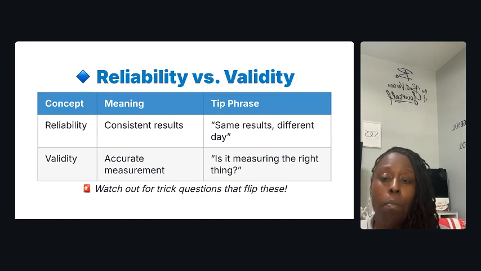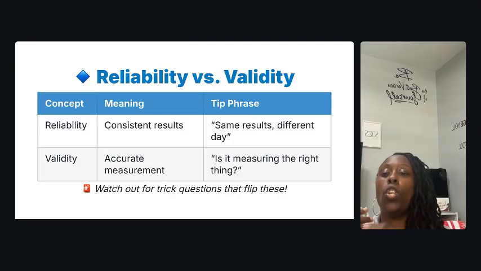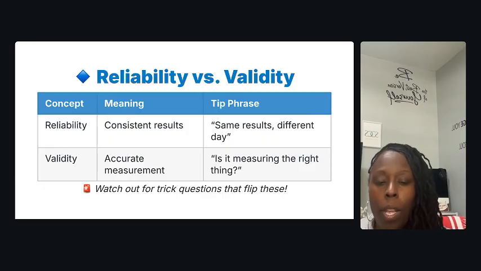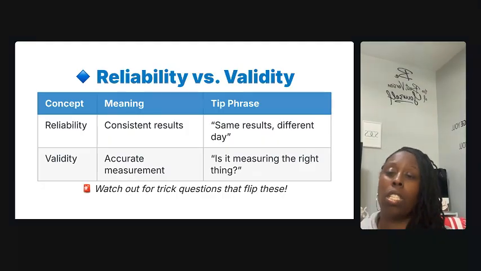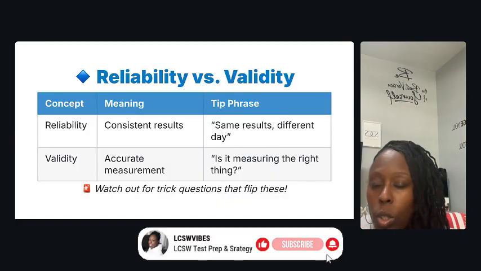Now, validity means accurate measurement. Is it measuring the right thing? Whatever you're choosing to measure, you want to make sure that it is accurate, and that is how you get validity. So make sure you watch for questions because sometimes they'll switch the two. They might talk about consistent results, is that valid, or accurate measurement, is that reliable, and you don't want to get them all tongue-tied and twisted up in there.